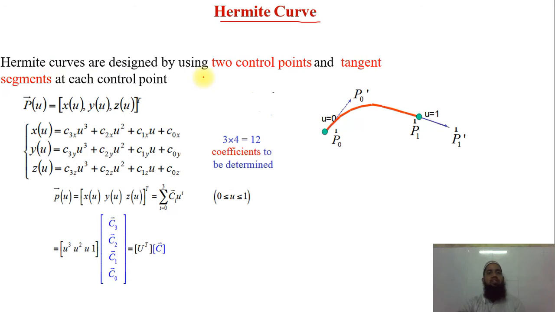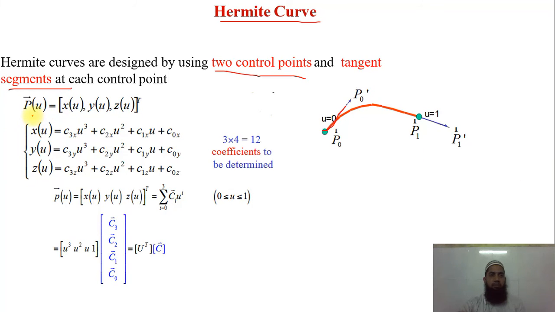Hermite curves are designed by using two control points and tangent vectors. We have two points p0 and p1, and two tangents p0 dash and p1 dash, with u equal to 0 and u equal to 1. So we have 4 items: the two points p0, p1 and the two tangents p0 dash and p1 dash.